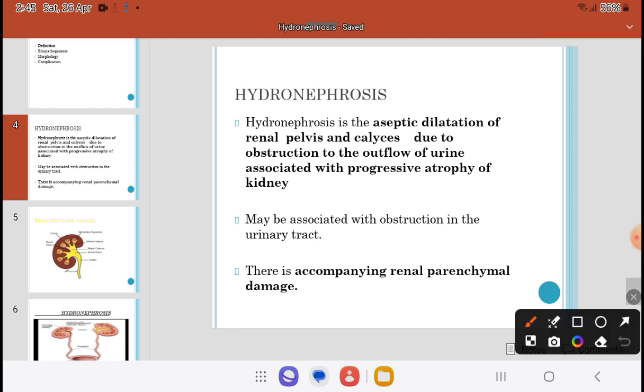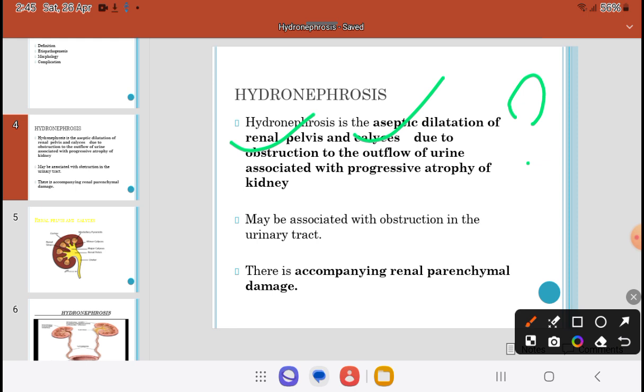Hydronephrosis is simply the aseptic dilation of the renal pelvis and calyx due to obstruction to the outflow of urine. But why are there obstructions in the outflow of urine? We will discuss that later.